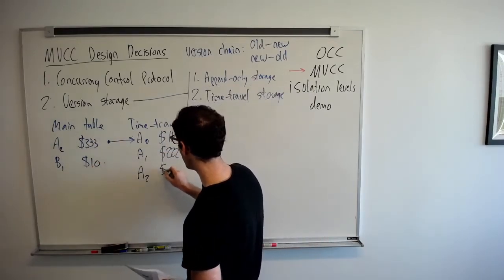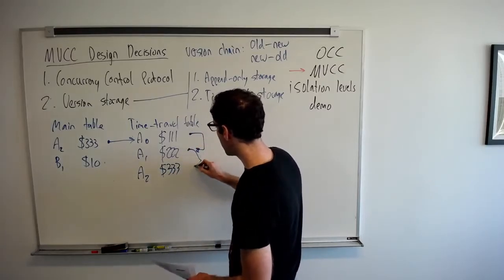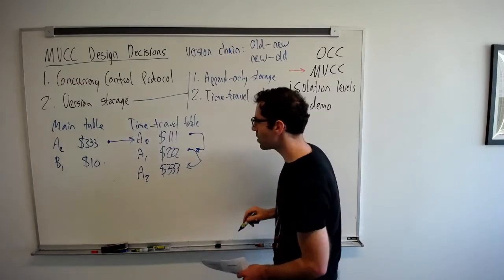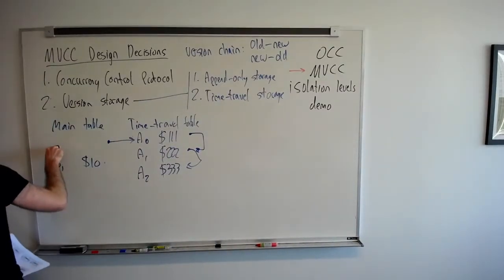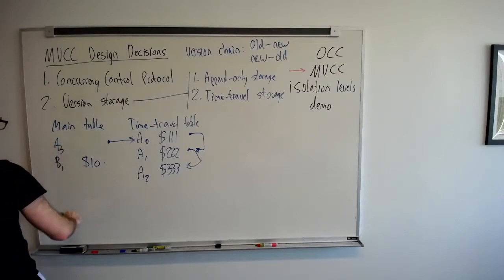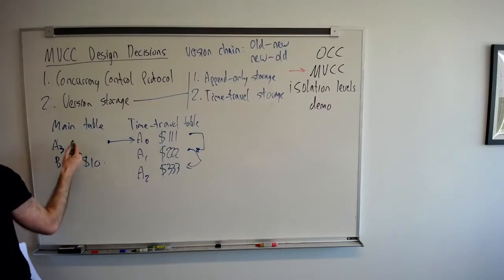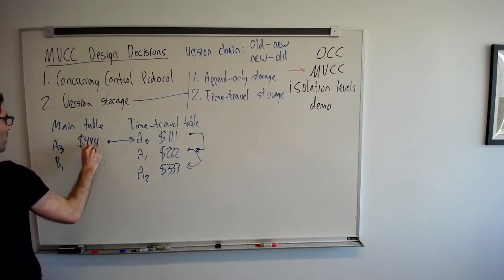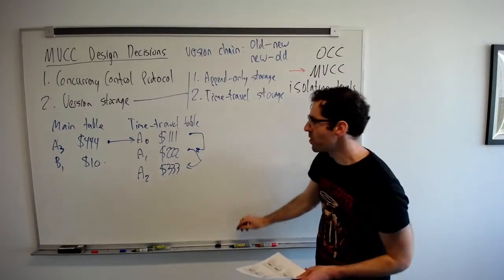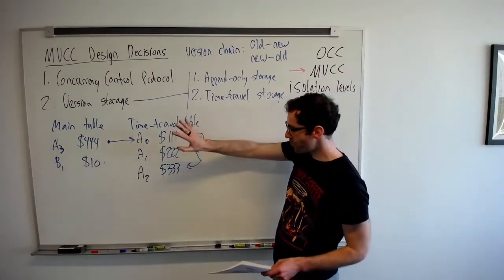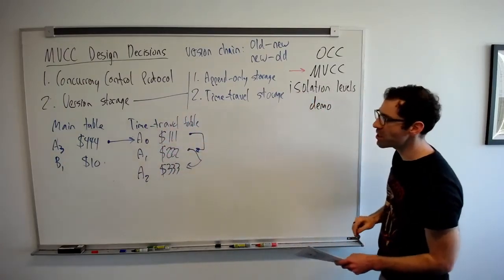So we copy A2 over to here, update these pointers, and then we would update the main table to have this new version A3 with maybe $444. And so this way we have the old versions in a separate table.